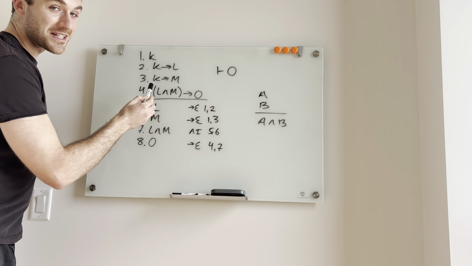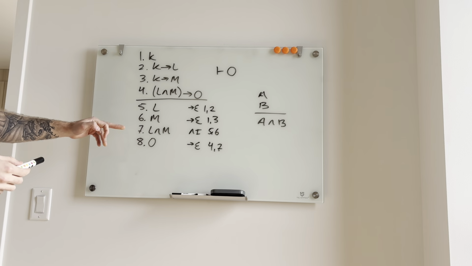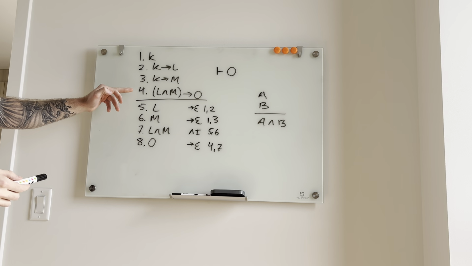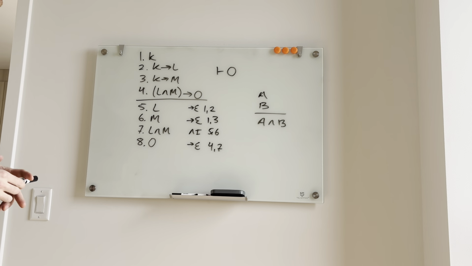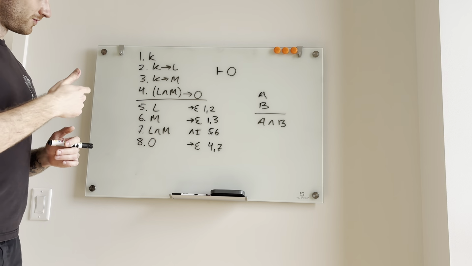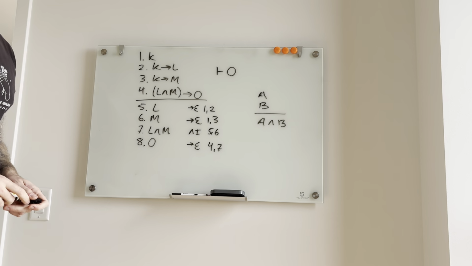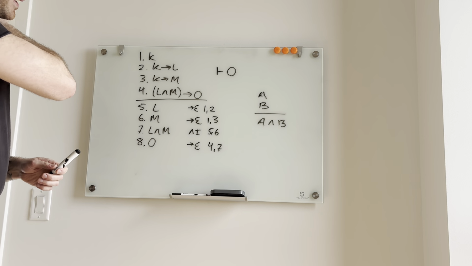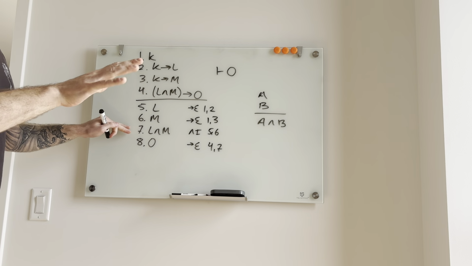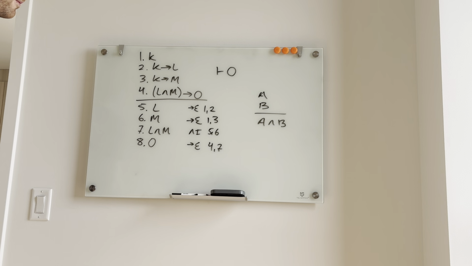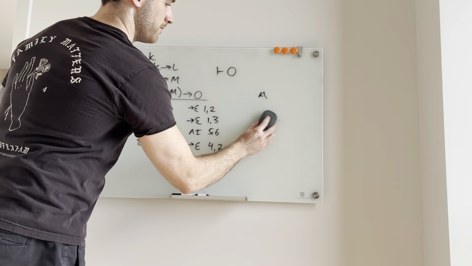It was this long sentence, L and M. And using 4 and 7 to do arrow elimination is a perfectly legitimate way to use the arrow elimination rule, not this one, but the arrow elimination rule, because you have the left-hand side of the arrow written down, okay?